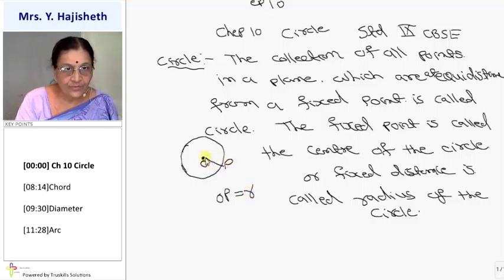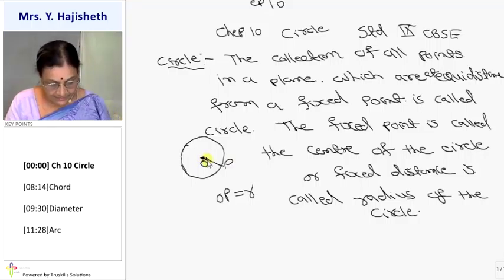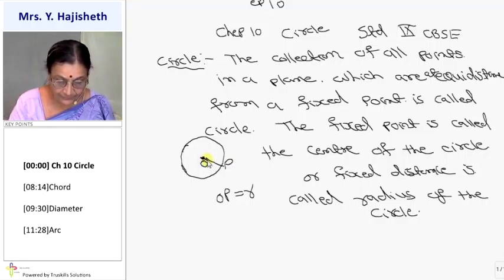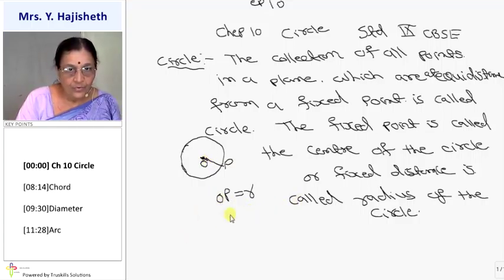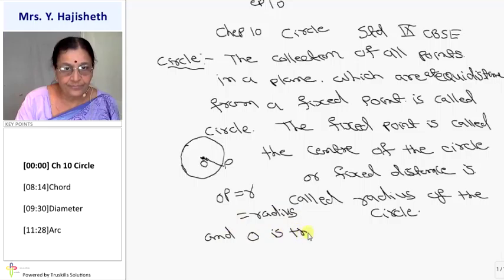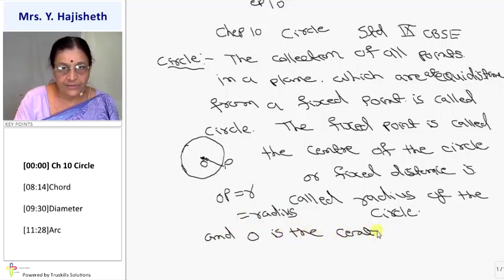O is the center of the circle and OP is called the radius of the circle.